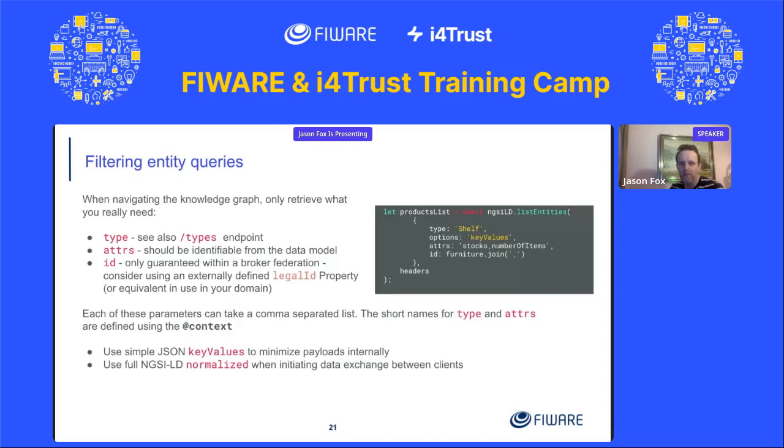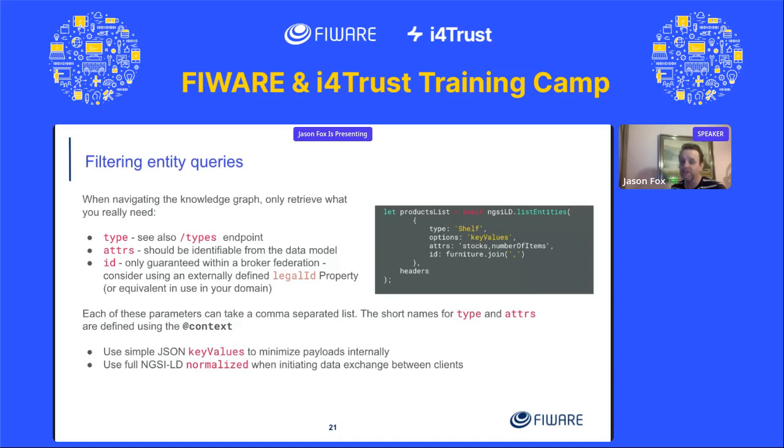Okay, filtering. Again, we very briefly touched this when we were looking at the basic operations, but there are lots of ways you can cut down your data. We don't necessarily need to get an entire entity or all the data from an entity all the time. So in this case, you are looking at just getting a certain type of entity.